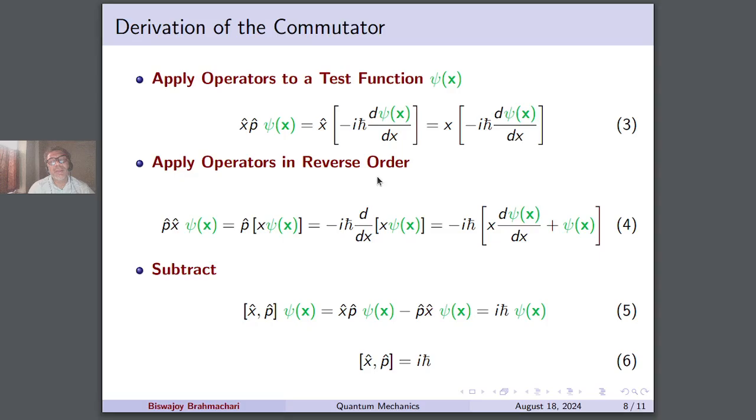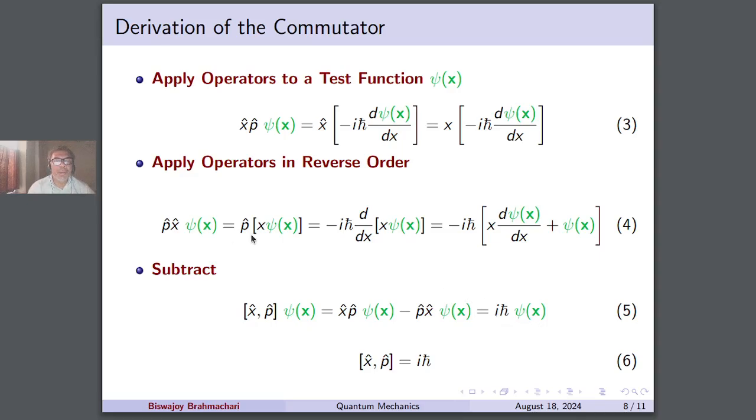And apply operators in reverse order, px. Then first we have to multiply psi with x because of the x operator, and then after that we have to take the derivative, the derivative of x psi. So it gives x dψ/dx plus ψ. And when we subtract, then this term gets cancelled. We get iħ psi.